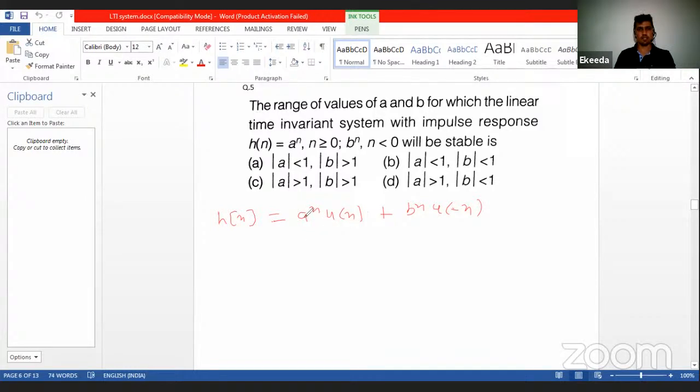When n is greater than 0, you sum up the first part, and when n is less than 0, you sum up the second. So now plotting B^n times U[minus n], this is basically n.